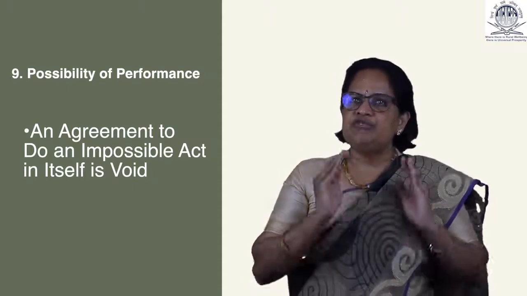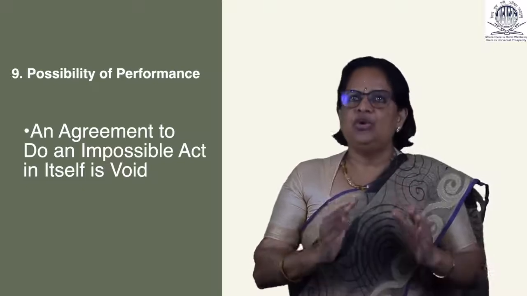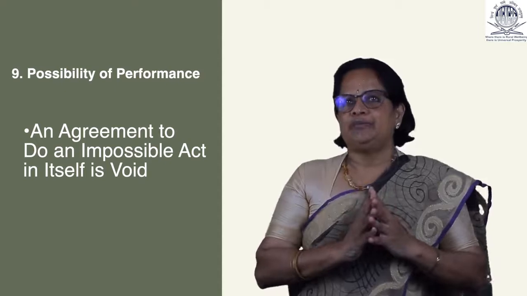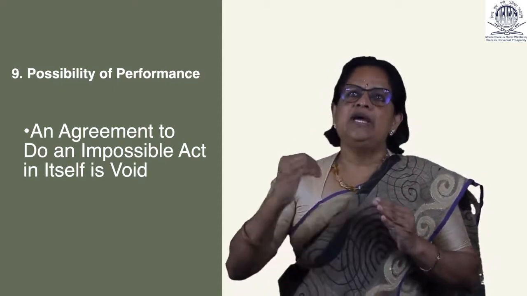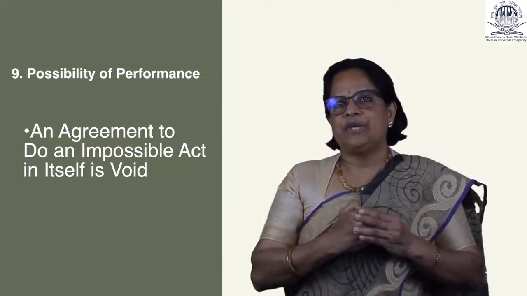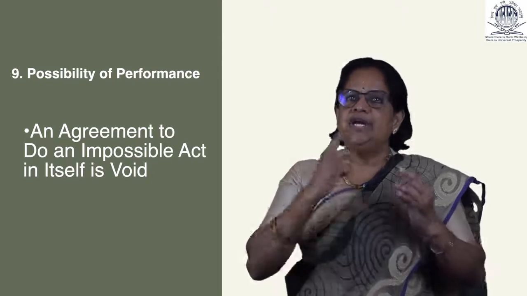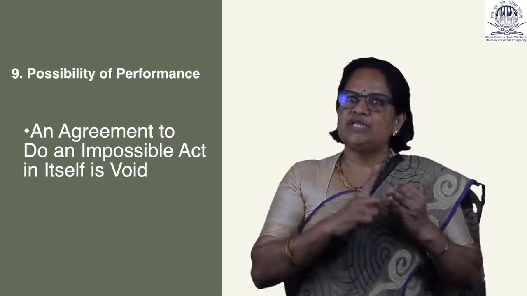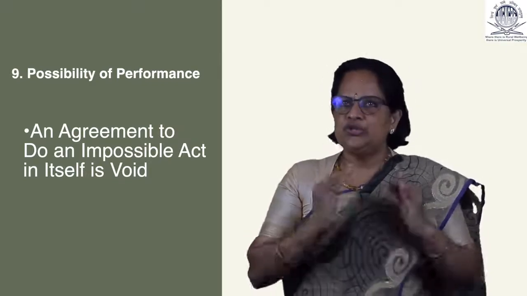As per Section 56 of the Indian Contract Act, an agreement to do an impossible act in itself is void. Can you think of other examples which are humanly impossible to perform? This is a simple task. You can think of inventing treasure by magic, promise to take you to the sun, etc. All these contracts are void due to impossibility of performance.